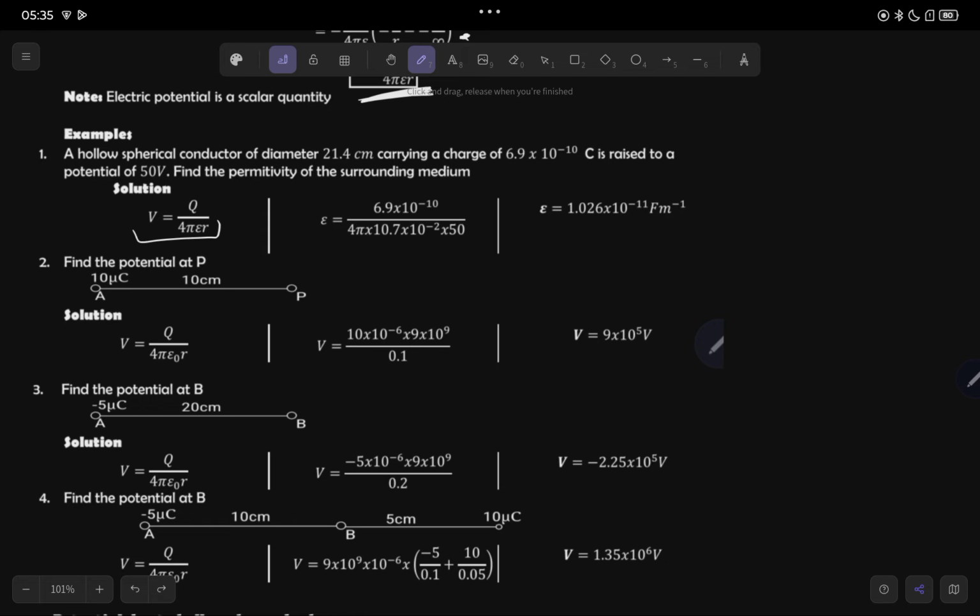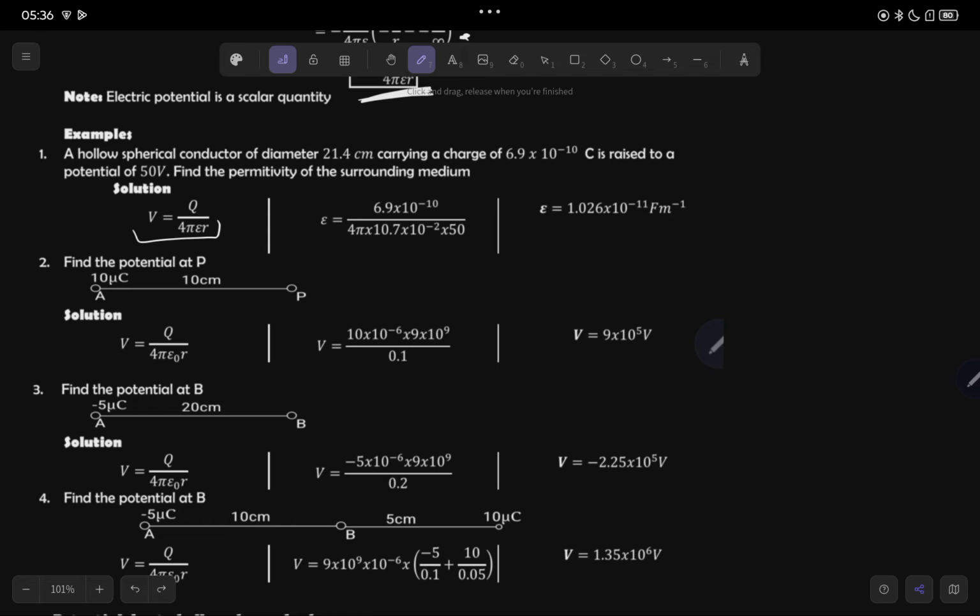Now we have diameter 21.4. To get the radius, here we assume that all the charge is concentrated at the center of the sphere. So the distance from the center of the sphere is the radius of the sphere. So for distance r, we are using the radius of the sphere.